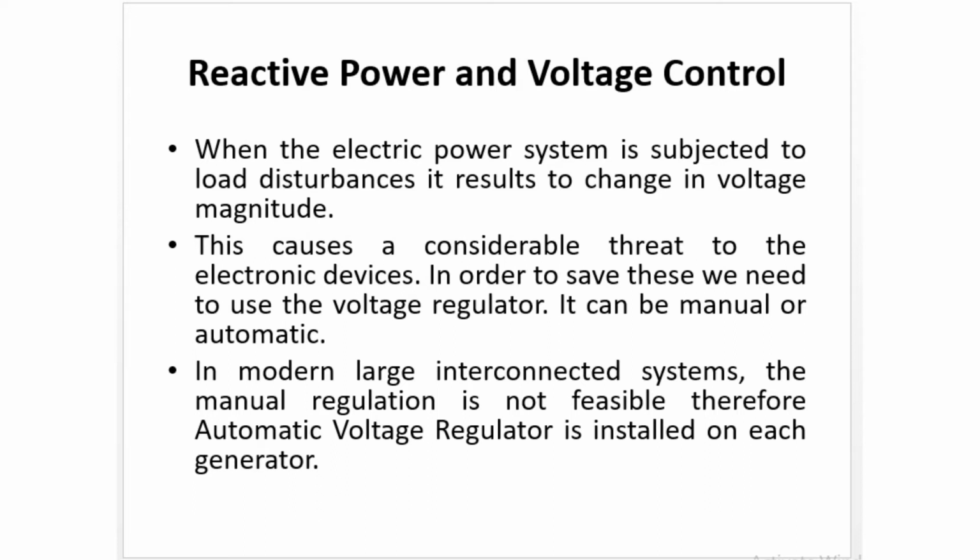Whenever the electric power system is subjected to load disturbance, we know that it will result in a change in the voltage magnitude, and it will considerably threaten our electronic devices.